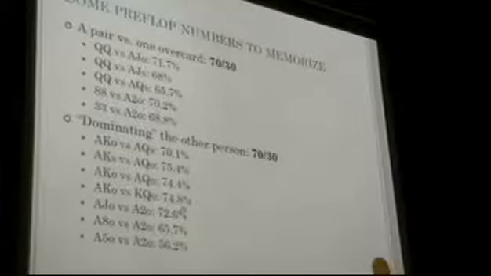So here's more examples. If you're dominating the other person, which means ace king against ace queen or ace queen against ace jack, you're usually also around 70-30. So ace king against ace queen offsuit is 75.4%. Ace king against king queen is 74.8%.